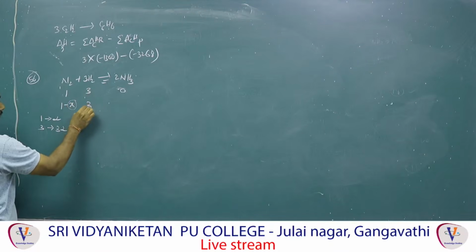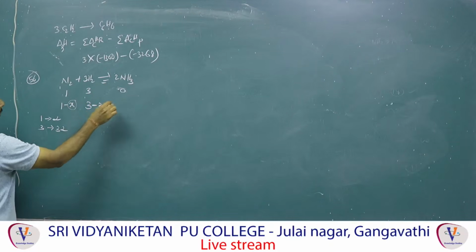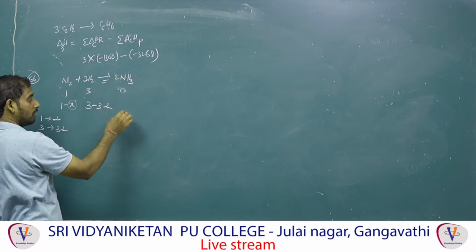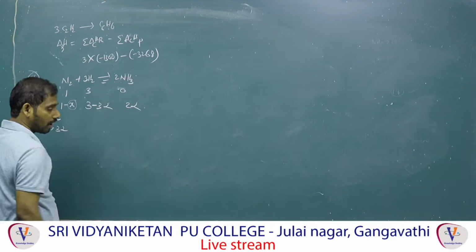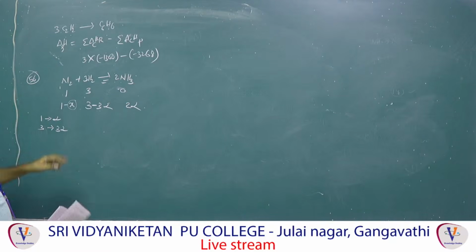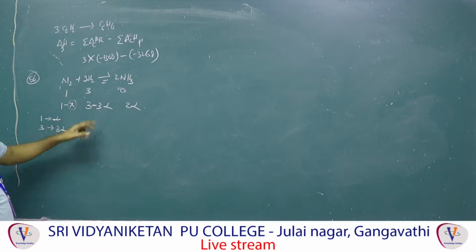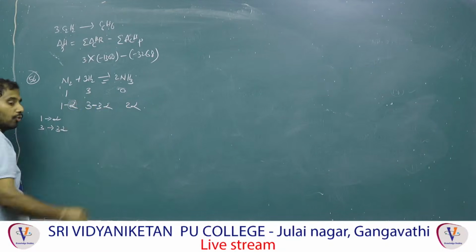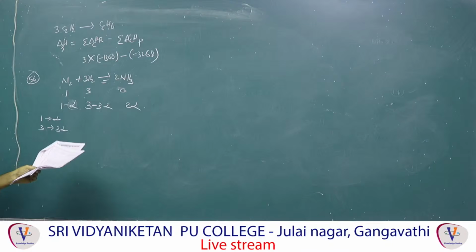Remaining is 3 minus 3 alpha. For NH3, 2 moles means 2 alpha is formed. So at equilibrium we have 1 minus alpha, 3 minus 3 alpha, and 2 alpha.